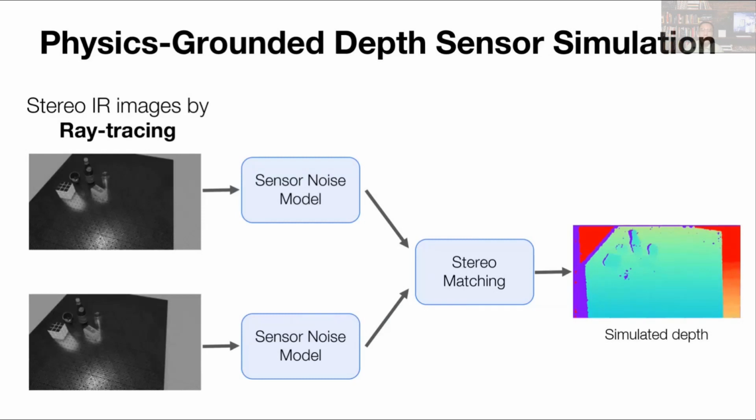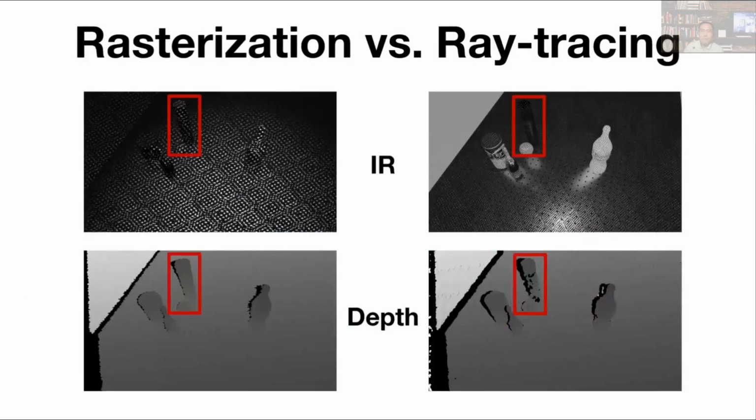Finally, we perform stereo matching on the images with noise to generate the simulated depths. As shown in these figures, by using ray tracing for rendering, we can simulate the light transport on transparent objects more accurately and generate the invalid holes very similar to the depth maps acquired by real sensors.